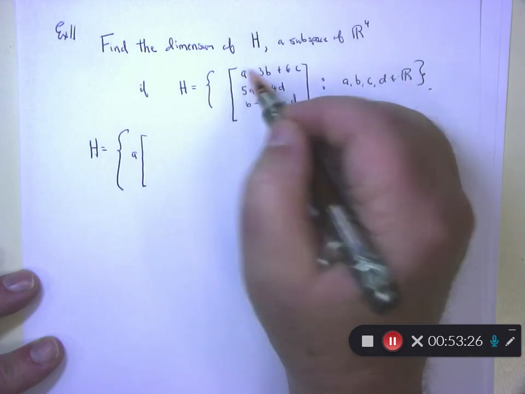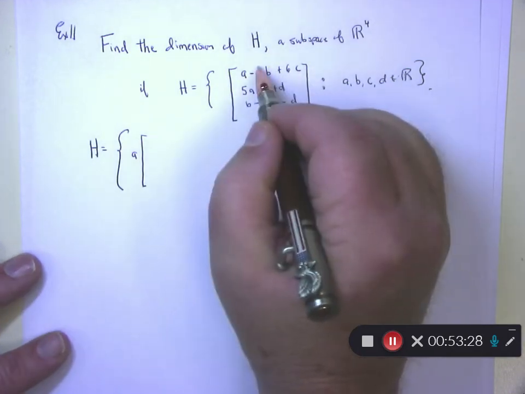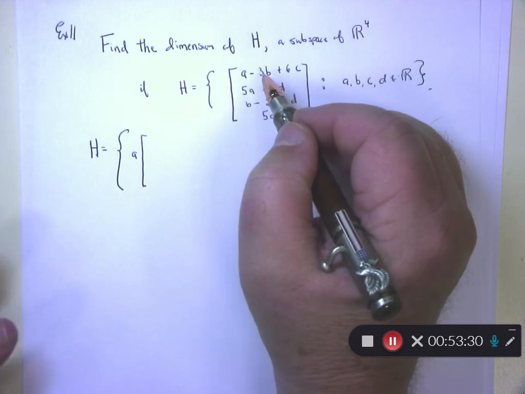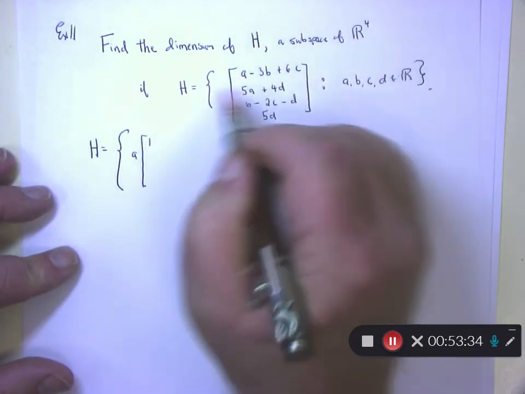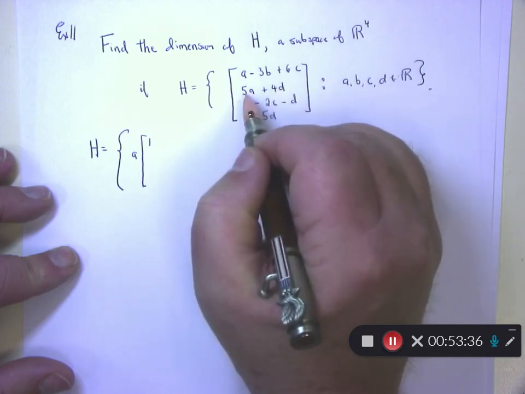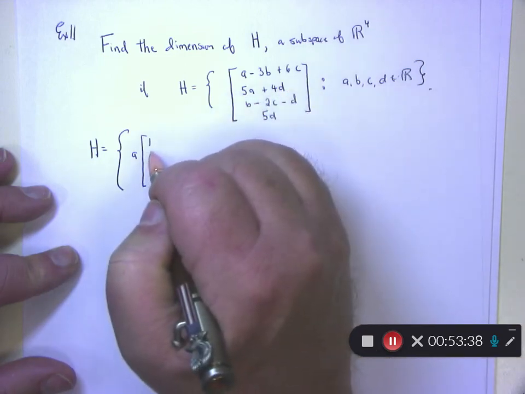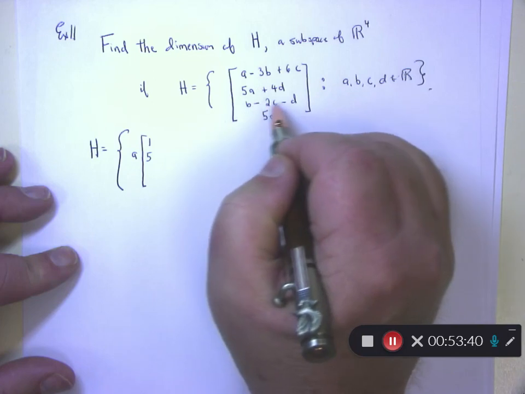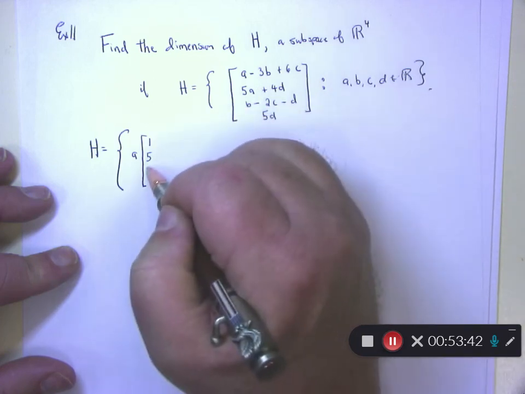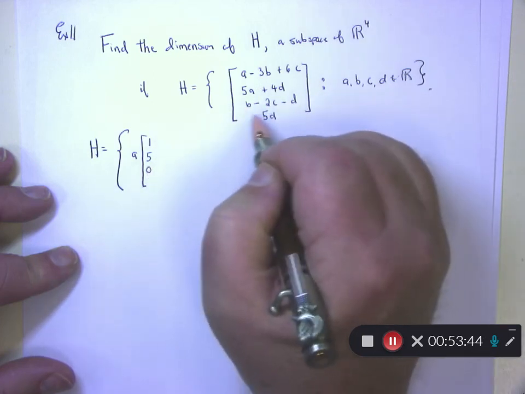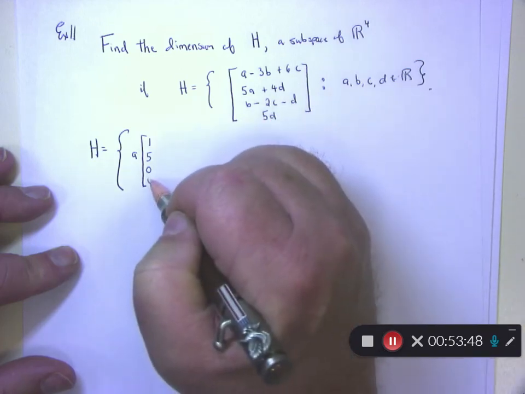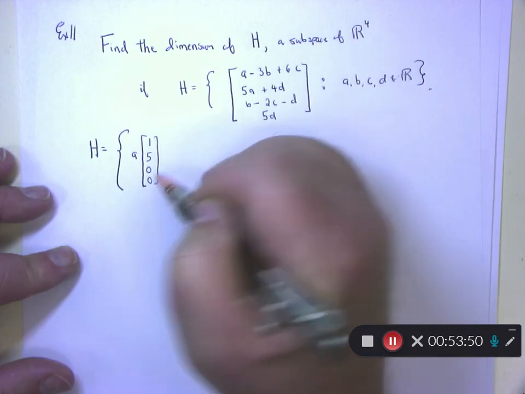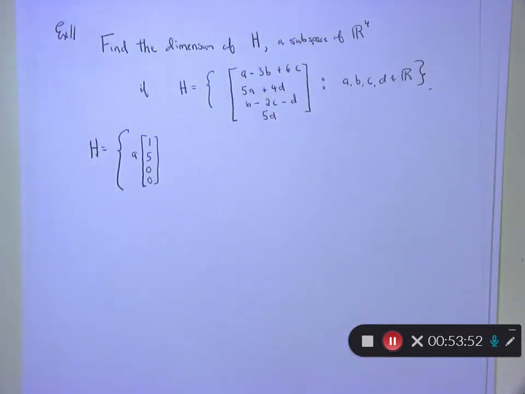For the first equation, the coefficient of a is 1. For the second equation, the coefficient in front of a is 5. For the third equation, where's the a? It doesn't have one, so it's 0. For the fourth equation, there is no a in there, it's just 5d, so it's a 0. Does that make sense so far? Keep going.